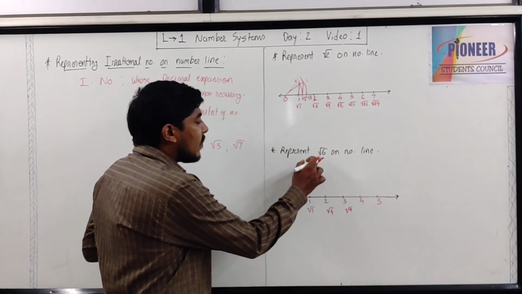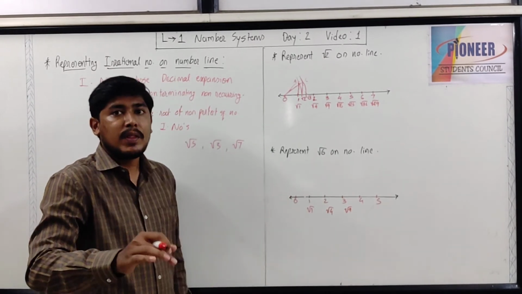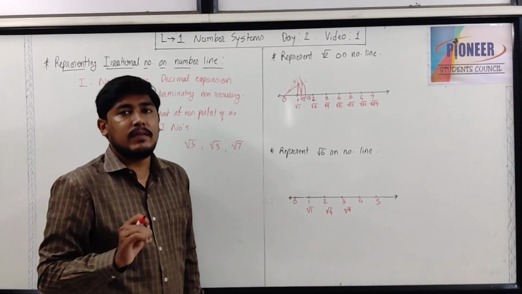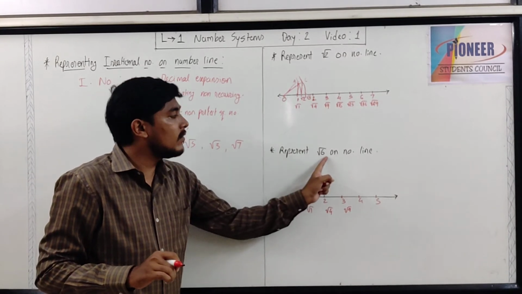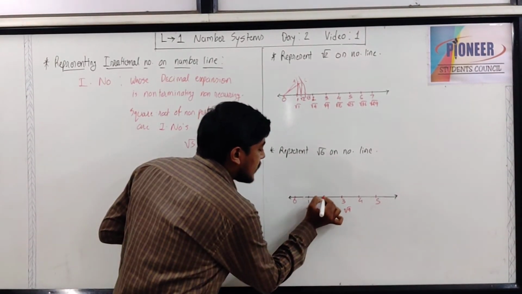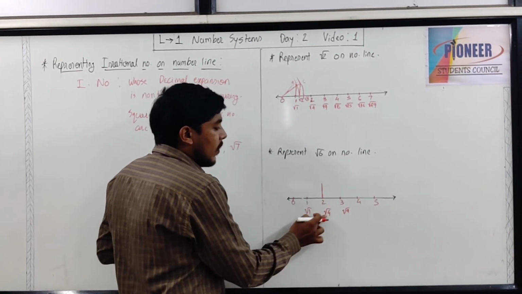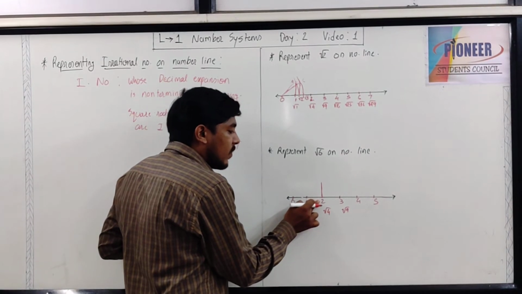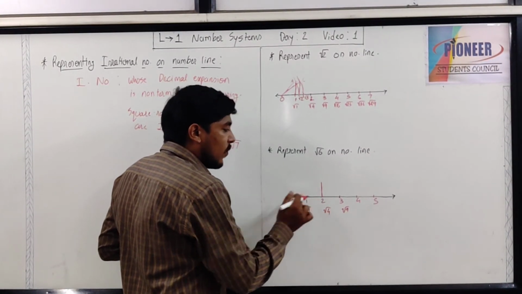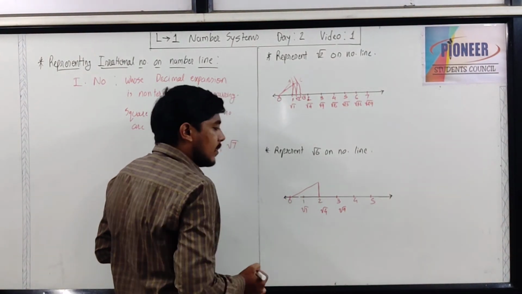See. For representing root 6, first we have to represent root 5, because from the point of root 5 we can represent root 6. Okay, so let's represent root 5 first. Draw a line of 2 centimeters on the point of 2, which is root 4. Join this end with 0.